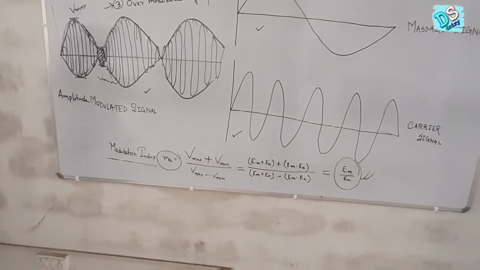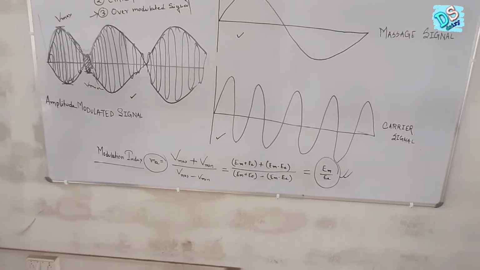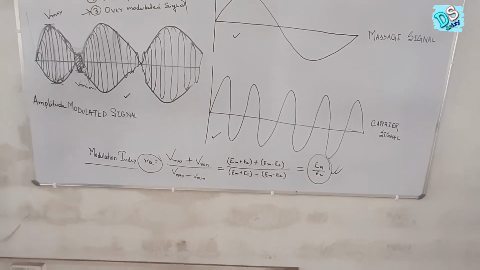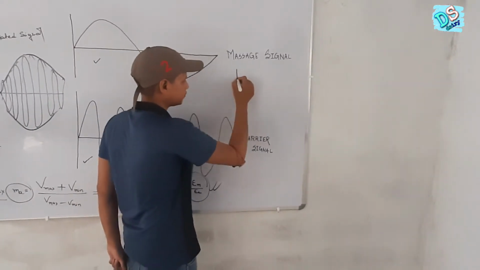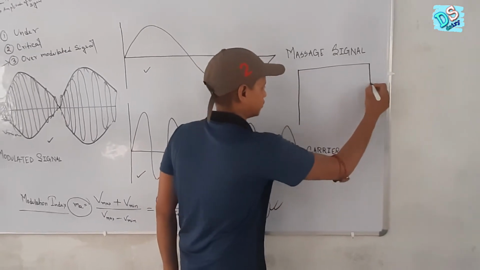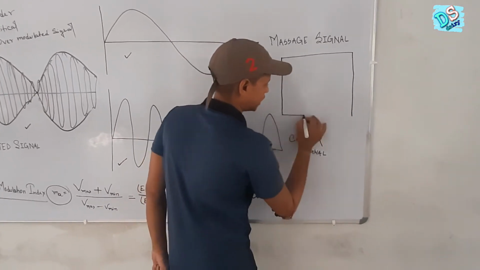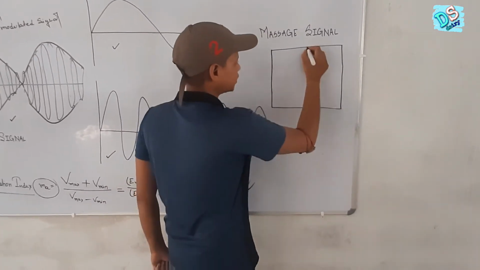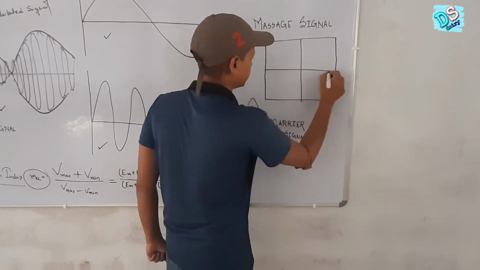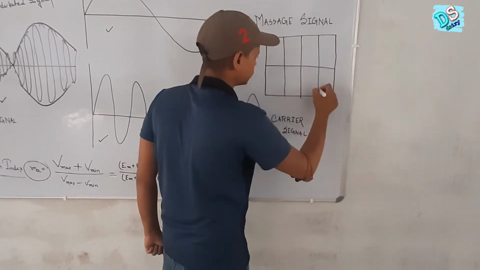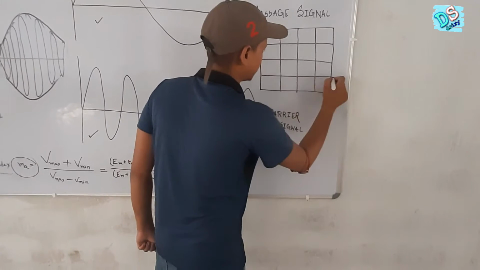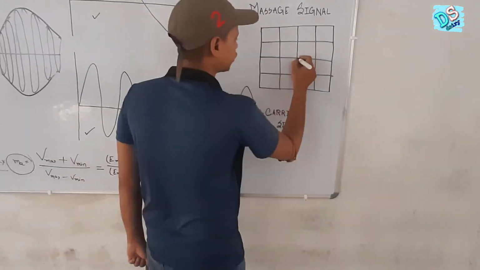Right. Now in CRO, the measurement is a little bit tricky. Like in CRO screen, there is a box and it is printed like a graph. There are some divisions. I am drawing approximately. Suppose this is our center position.